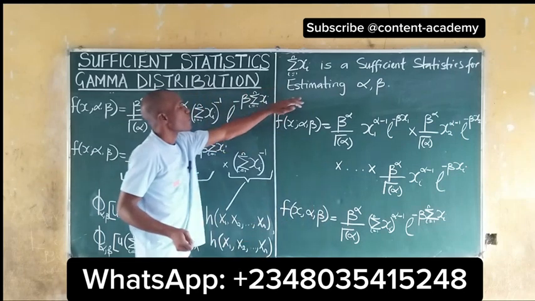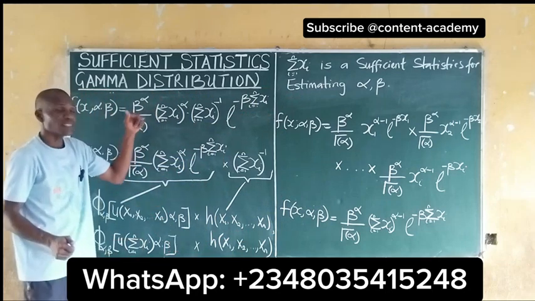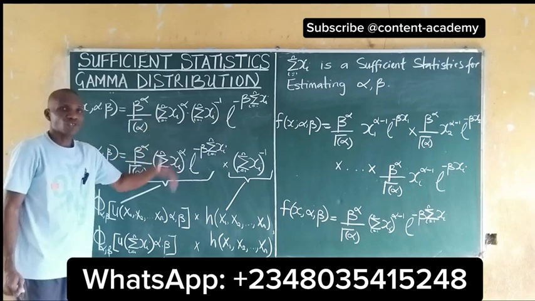So we have succeeded in using the factorization theorem to find the sufficient statistics for the gamma distribution.